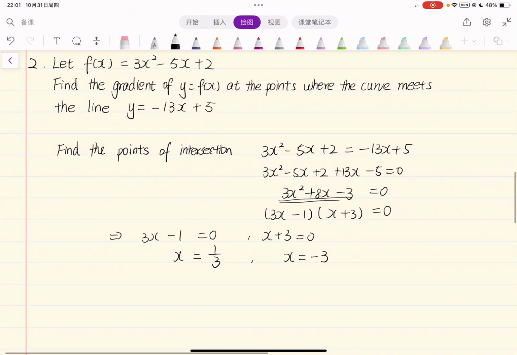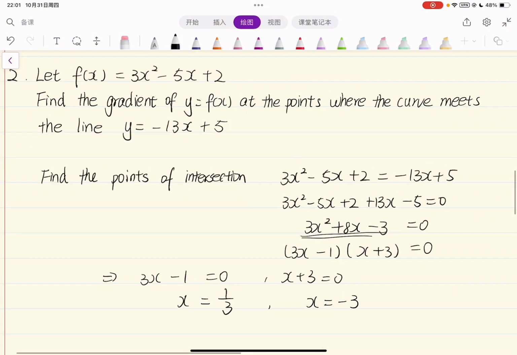We know that the points lie on both f(x) and y equals negative 13x plus 5. The question says that you need to find the gradient of y equals f(x).